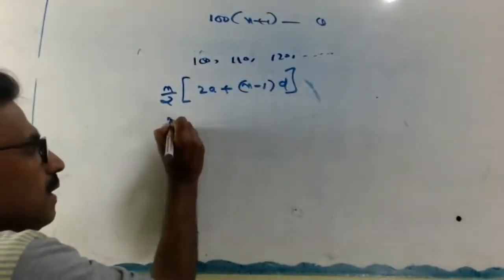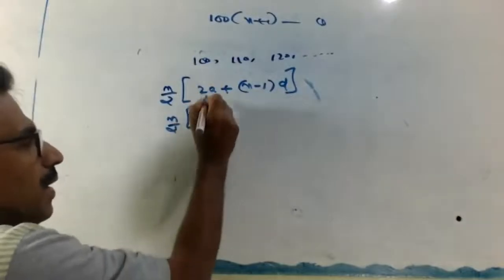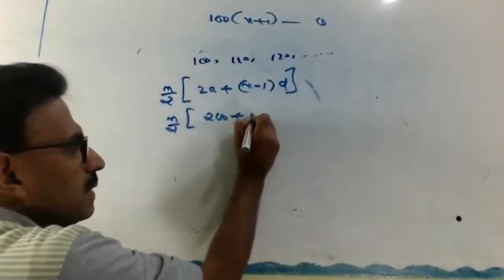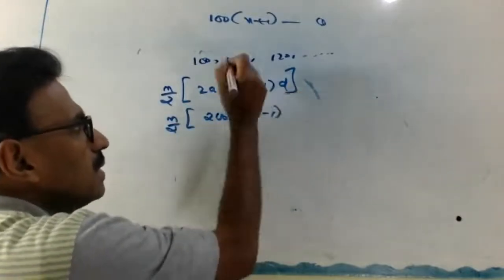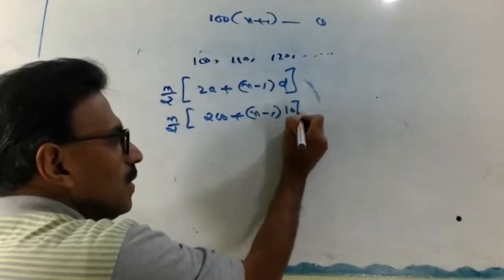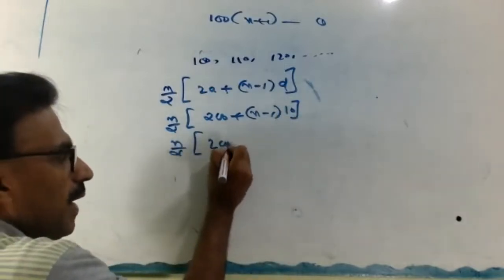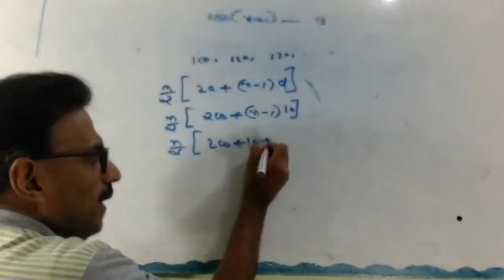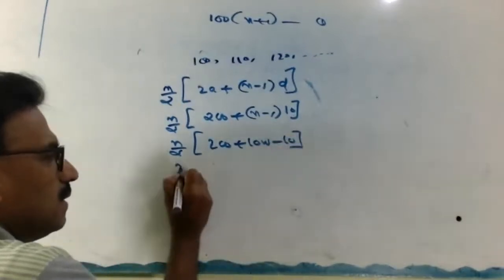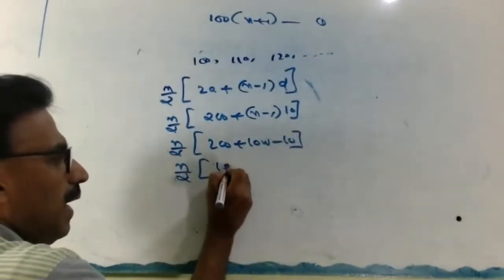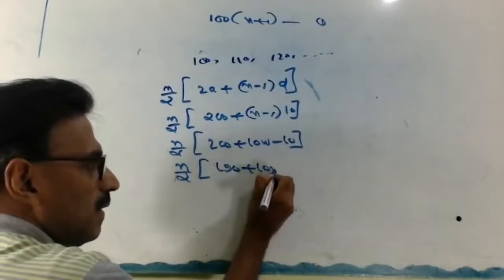That is n by 2 into (2a, that is 200, plus (n minus 1) into d, which is 10). So n by 2 into (200 plus 10n minus 10), that is n by 2 into (190 plus 10n).